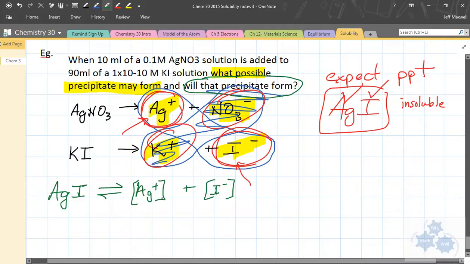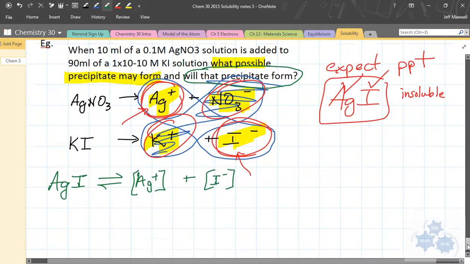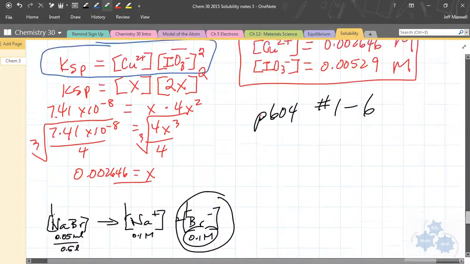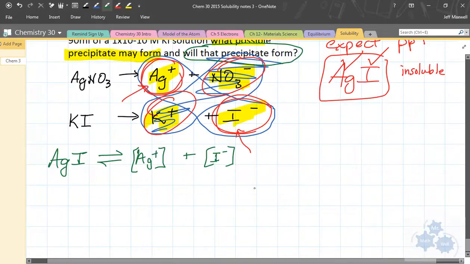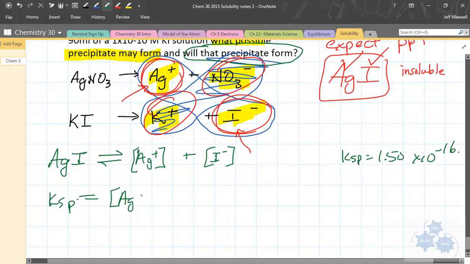So we have some ions in solution here, and the KSP for that, which we just saw, was 1.5 times 10 to the negative 16. Okay, so KSP is 1.50 times 10 to the negative 16. This is a 1-to-1 ratio, so the KSP expression for this is going to be simply the concentration of Ag plus times the concentration of I minus. Are you okay with that so far?